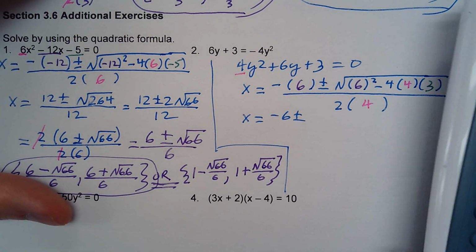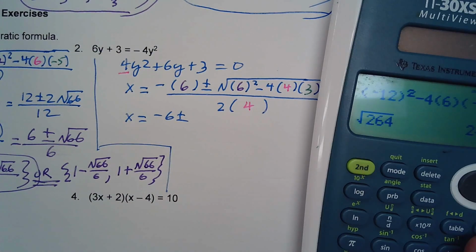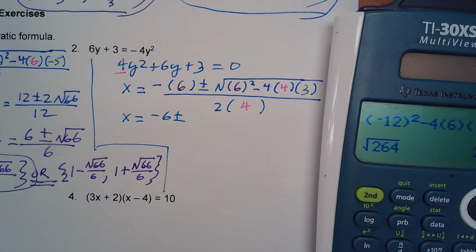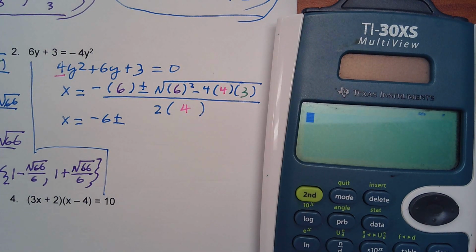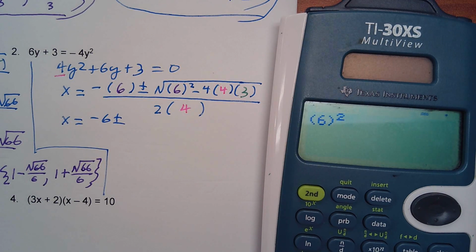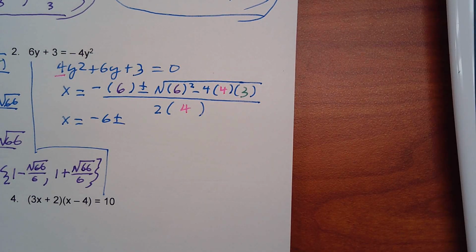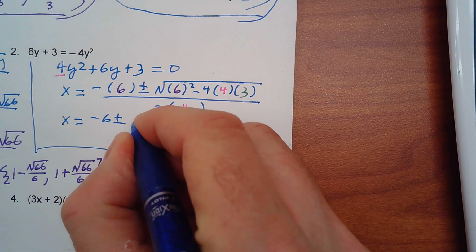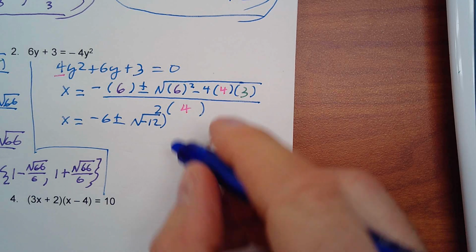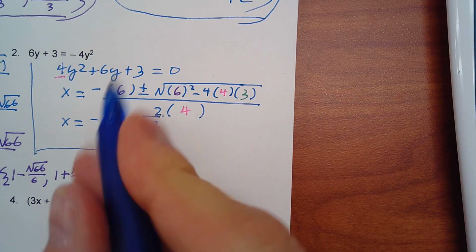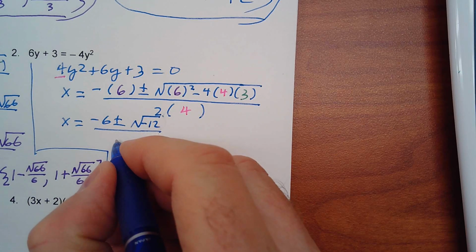And let's take care of that stuff underneath the square root. So that'd be a negative 12. So we get some imaginary and complex numbers here we're working with. Over 8.